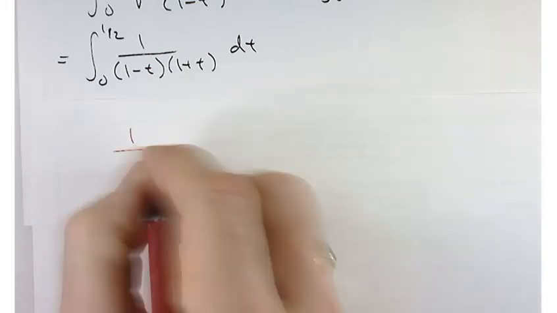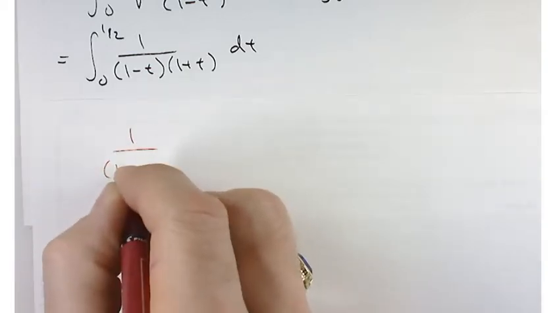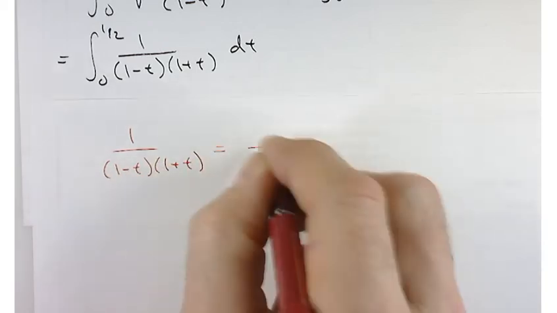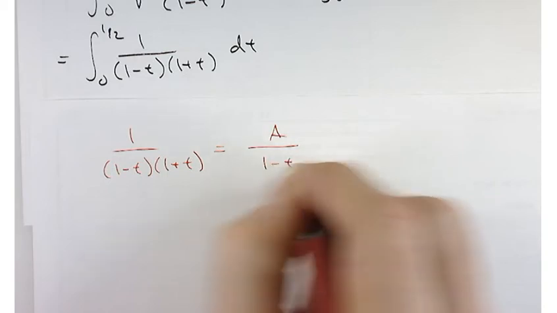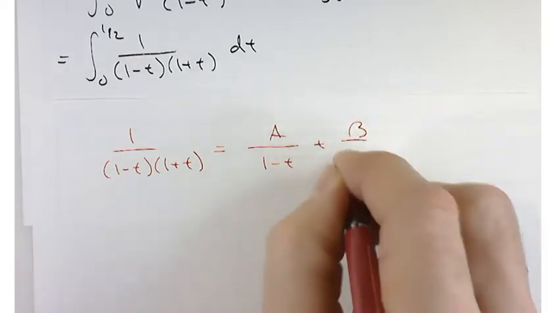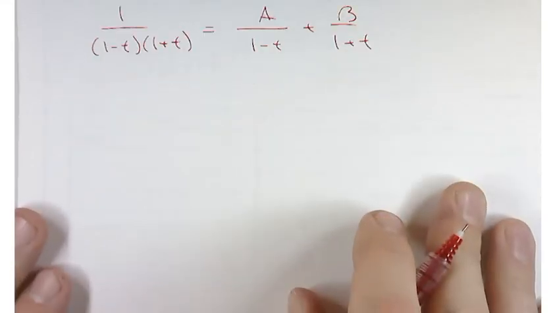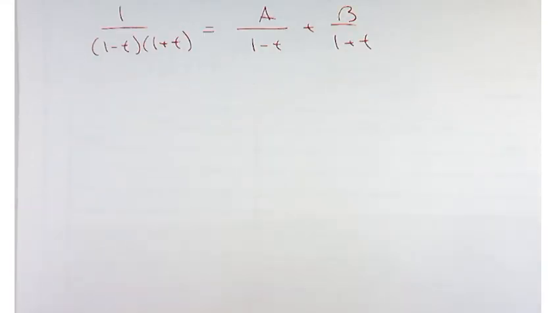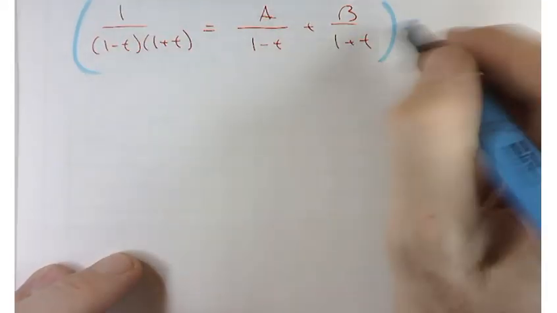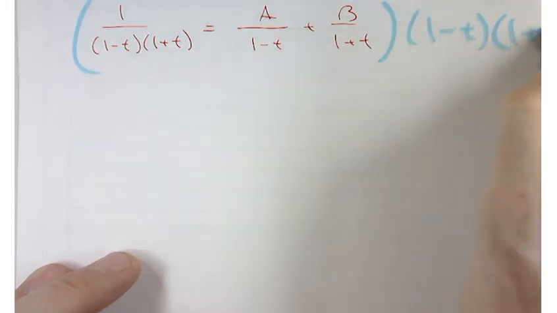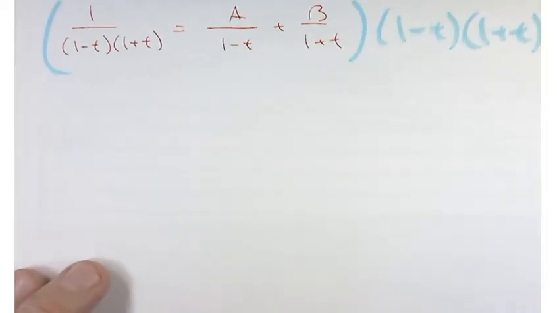So it's going to be 1 over (1 minus t) times (1 plus t) equals A over (1 minus t) plus B over (1 plus t). Boy, I should have written that with x's, shouldn't I? The trick in solving this is first to multiply both sides by the lowest common denominator, that is (1 minus t) times (1 plus t), and clear out all the fractions.